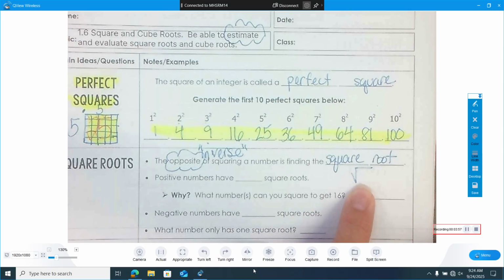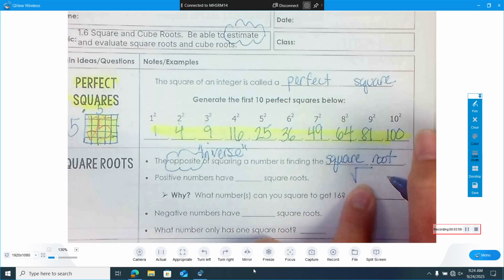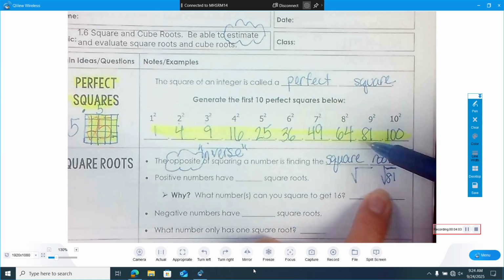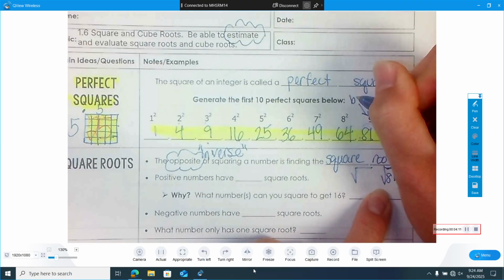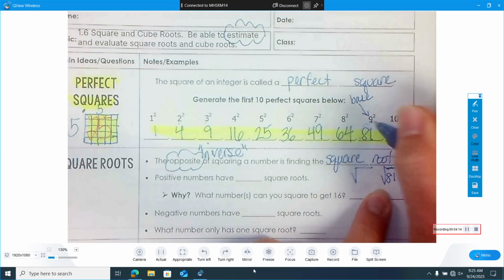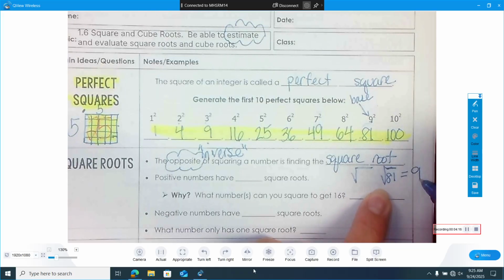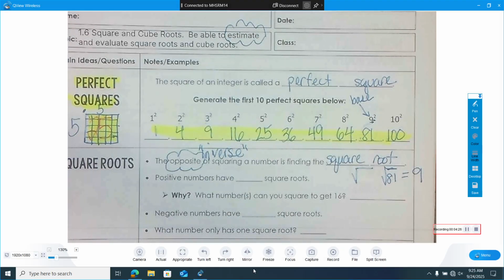That's the square root symbol. And I might ask, what's the square root of 81? Here's the perfect square number 81. And when we ask for the root, we want the base, whatever that base happens to be. So the square root of 81 is, where did it come from? It came from 9 being squared. When we ask what's the square root of something, we're looking for what base number created that.